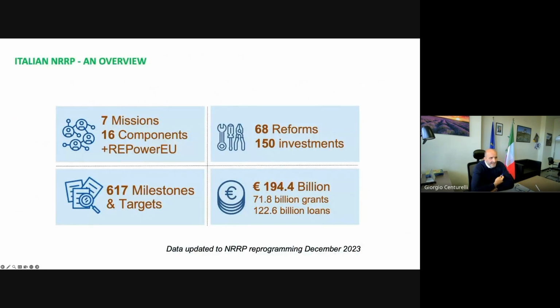The Italian NRP, the annual review, is the most important plan in Europe, and has an extraordinary level of financial resources in total cost. We have 7 missions. We include in these missions obviously the RePower EU.